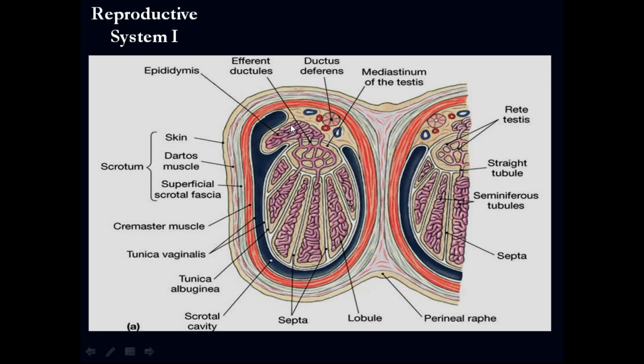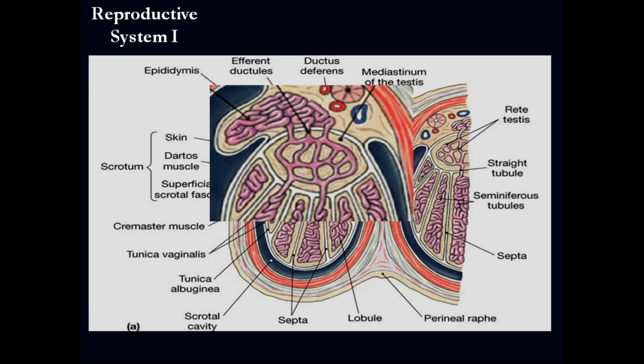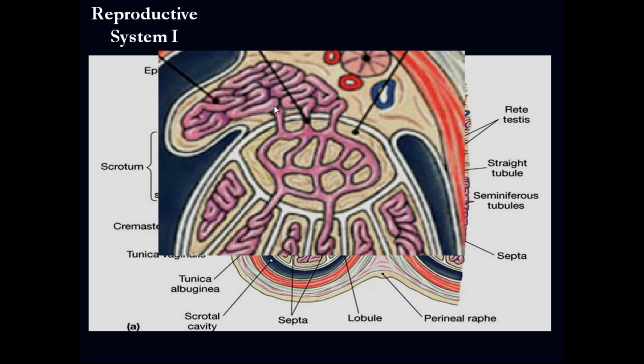So this is only the first portion of the epididymis, the head. It's a coronal view. All right, so that is our pathway so far. Again, seminiferous, straight, rete testis, efferent, and then we have the epididymis.